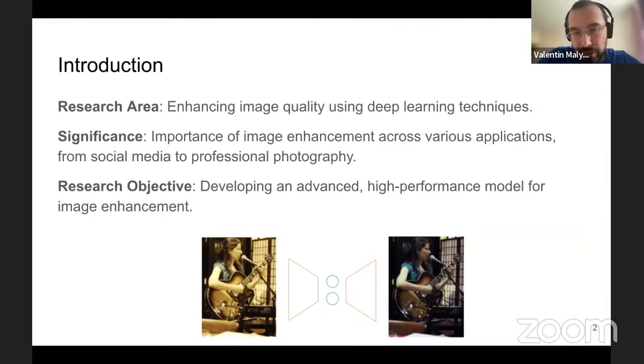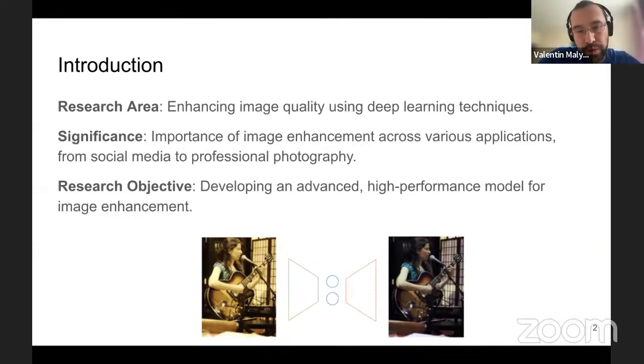But the idea here is that we are trying to improve, in some sense, images, and these images are typically not taken in really good conditions.